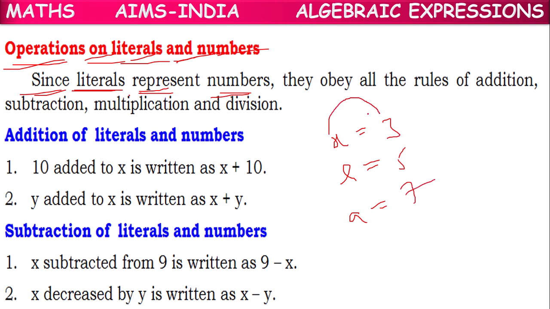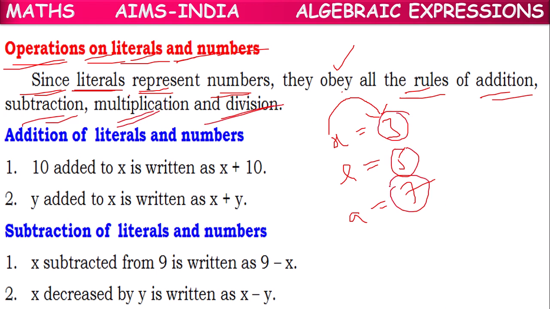Literals indirectly represent numbers, so they obey all the rules of addition, subtraction, multiplication and division which are applicable to normal numbers. We can add, subtract, multiply and divide normal numbers.